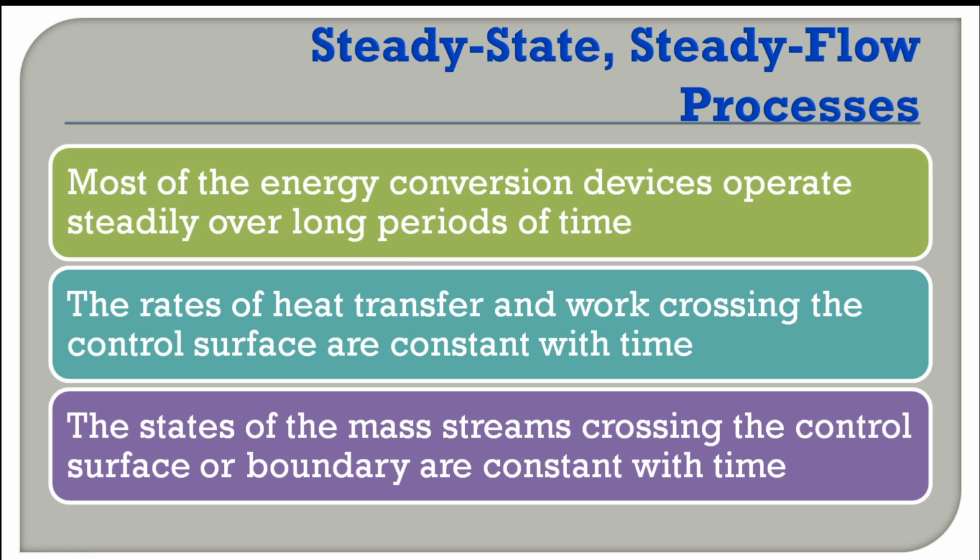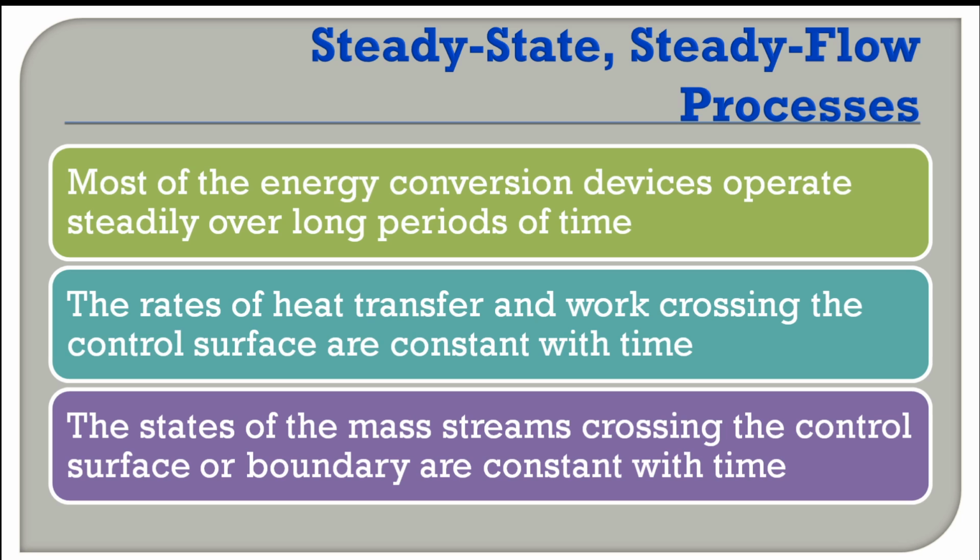The steady state, steady flow process could be well established for most of the energy conversion devices, as we have seen in the previous slide in a power plant. If you look carefully, you can see that they operate steadily over a longer period of time. That means the rates of heat transfer as well as work crossing the control surface are constant with time.